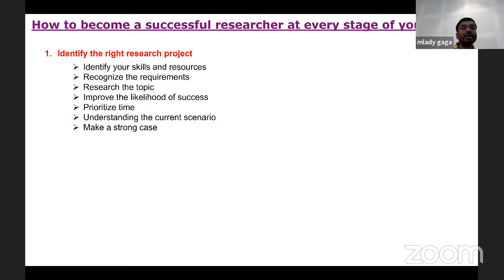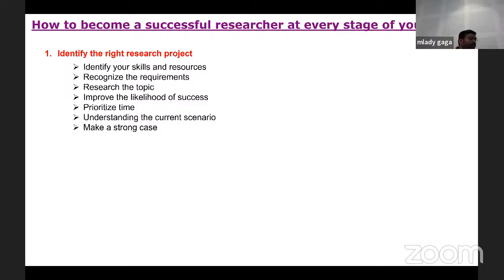For example, if someone wants to work on a research project on corona, like COVID, they will get a grant very easily because people are really suffering with it. And if the person has knowledge of the SARS virus and so on, it will be very easy for them to participate in these projects. So under this point, identification of a research project, these are a few key points.